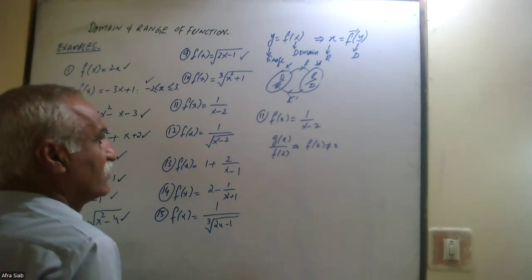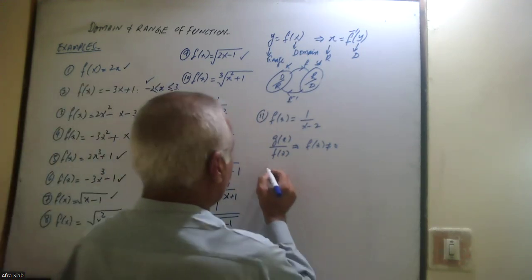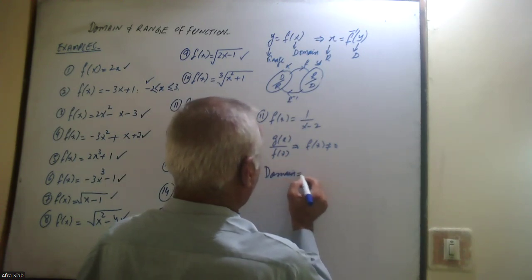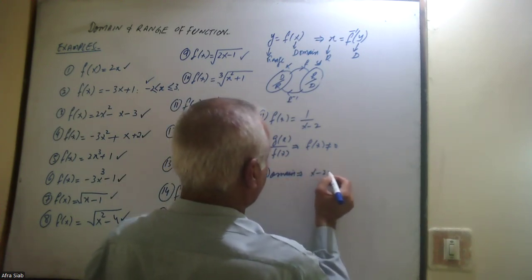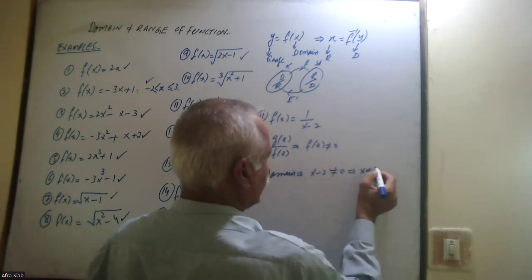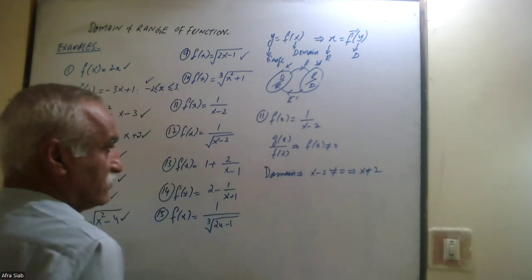So where f of x is equal to 1 over x minus 2, the domain of this function is x minus 2 is not equal to 0, which implies that x should not be equal to 2.